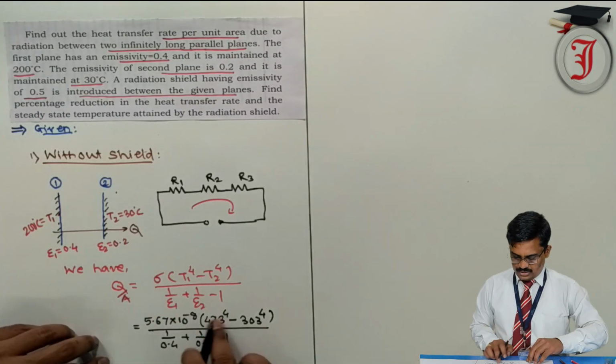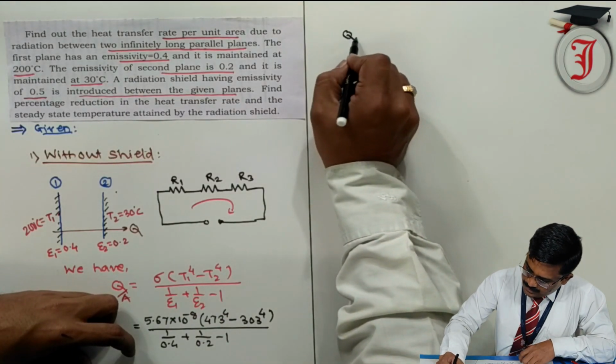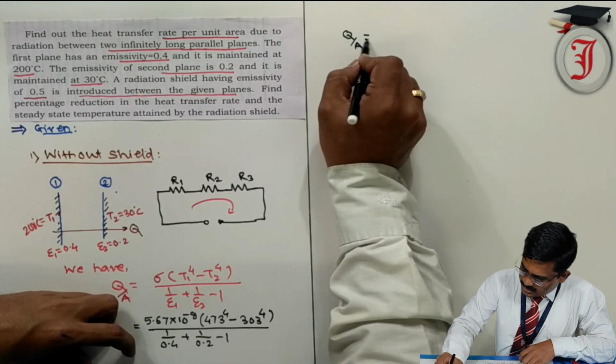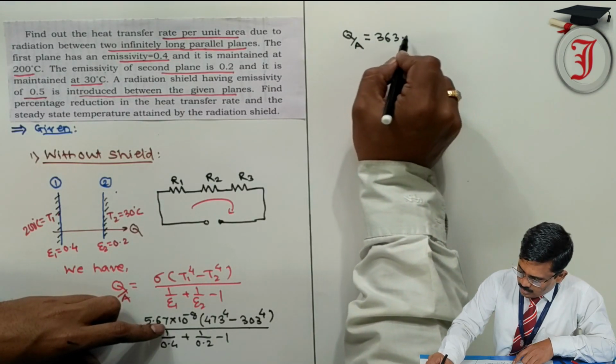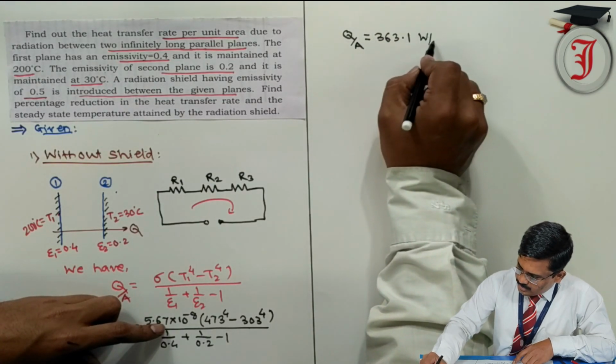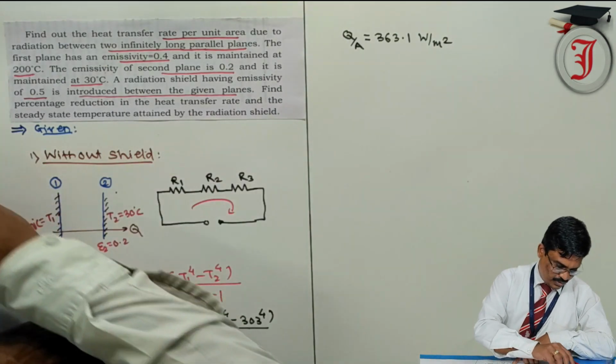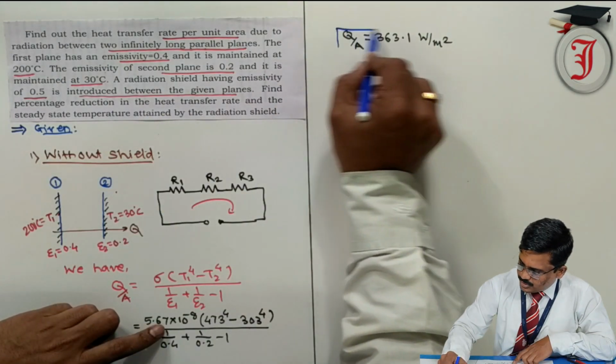When we calculate this term, we get the rate of heat transfer per unit area Q by A equal to 363.1 watt per meter square.